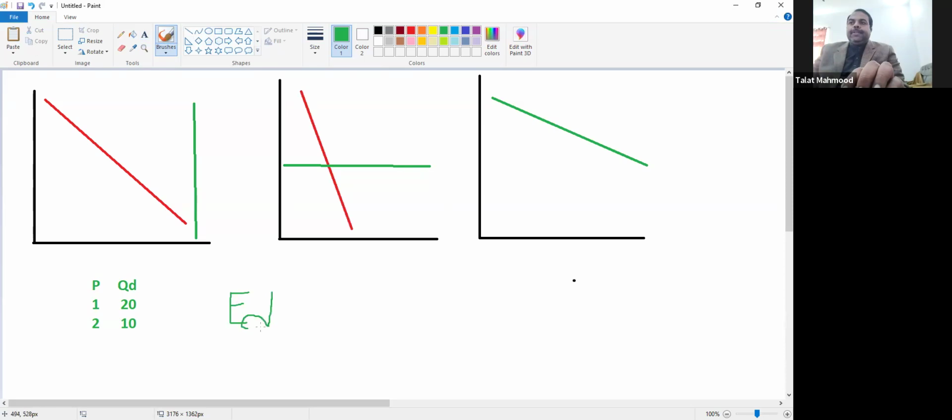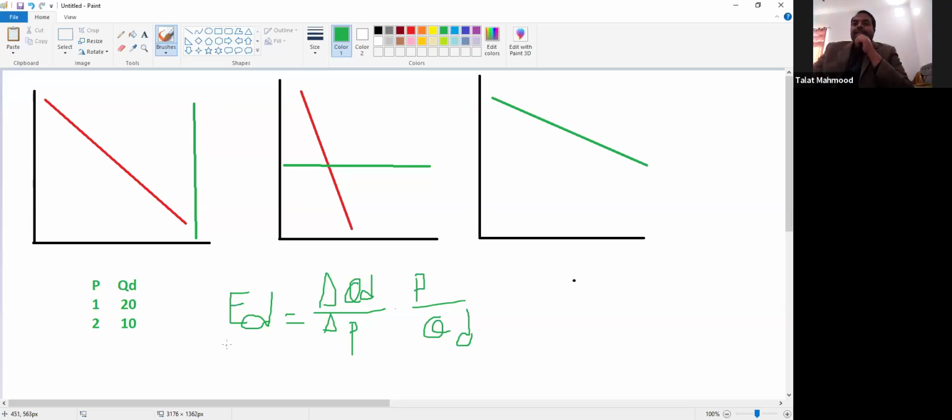It is the change in quantity demanded divided by the change in price, multiplied by price over quantity demanded. This is the formula that we use to find the elasticity of demand.